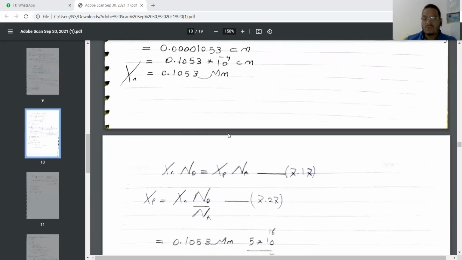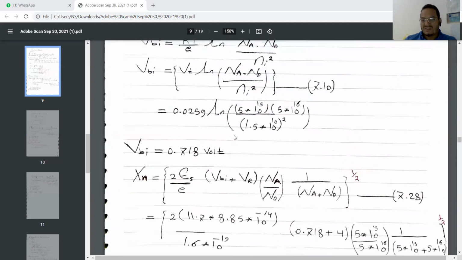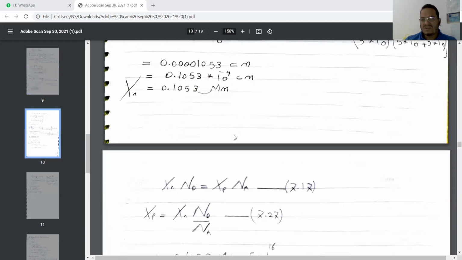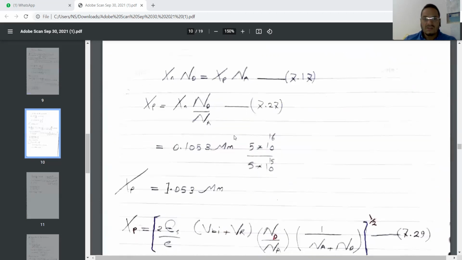And after that, we can use the long equation 7.29, or we can use another easy equation like 7.27. All of these results are right.